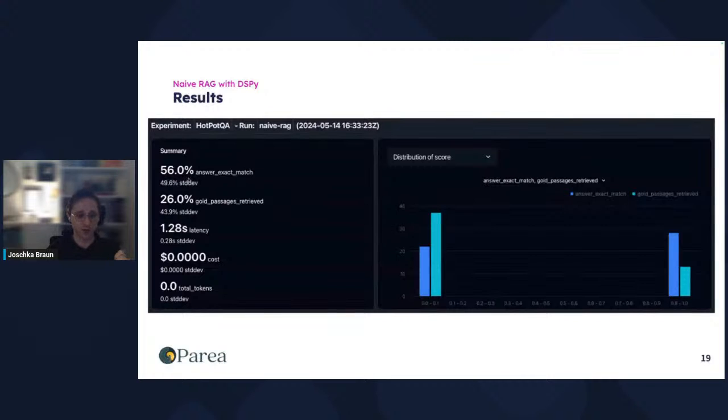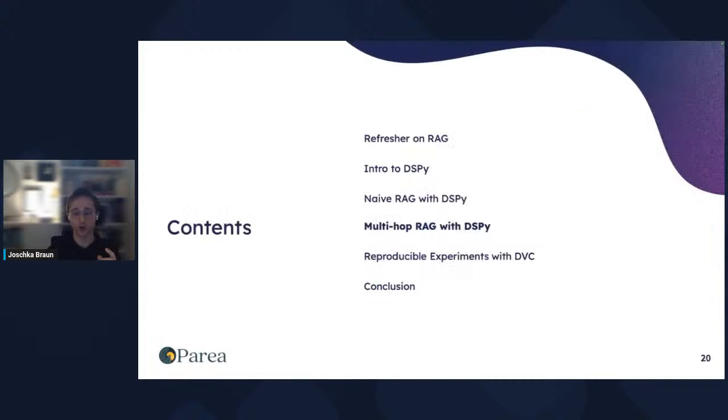But what's really worrying is that we only have 26% in the correct passages retrieved. So this means that even GPT 3.5 Turbo just memorized a lot of the answers without being reliant on the actual context retrieved. And to solve that issue, we're going to look at a multi-hop RAG system.